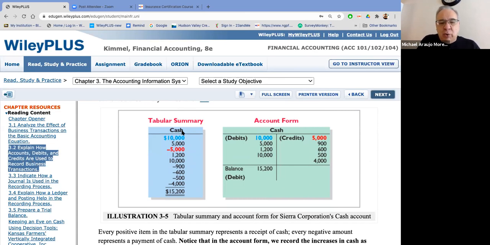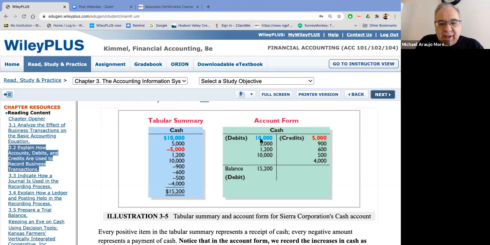And so you were busy putting pluses and minuses or watching the pluses and minuses in the column there. But again, the plus simply meant that we have more cash. The minus simply meant we have less cash. Now, cash is an account that has two sides. So here you have it in the account form on the right.